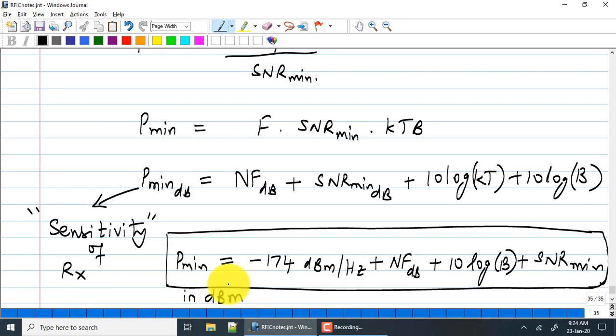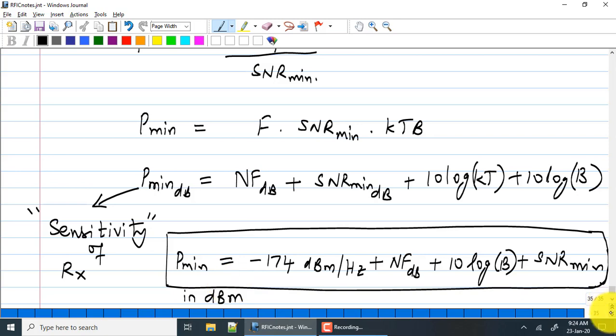The various components you recognize already. Minus 174 dBm per Hertz is the input noise power spectral density, correct? And then NF gives you the degradation.